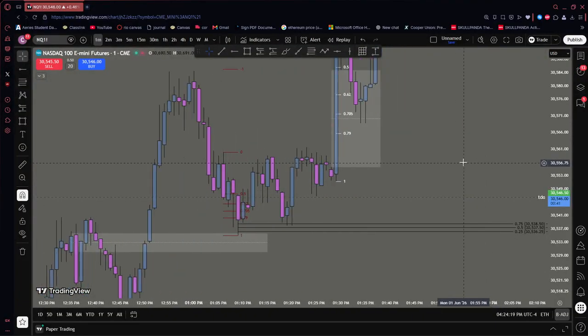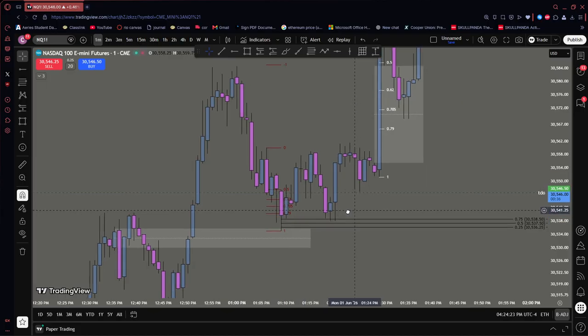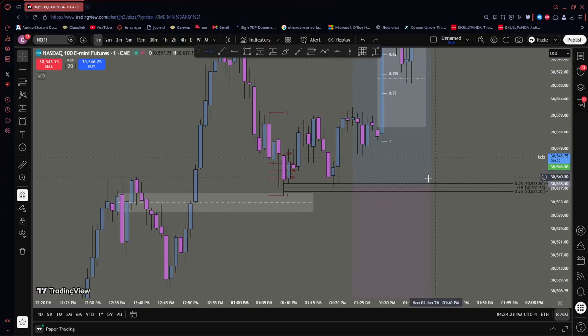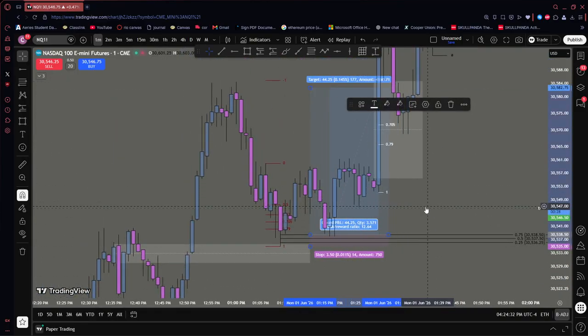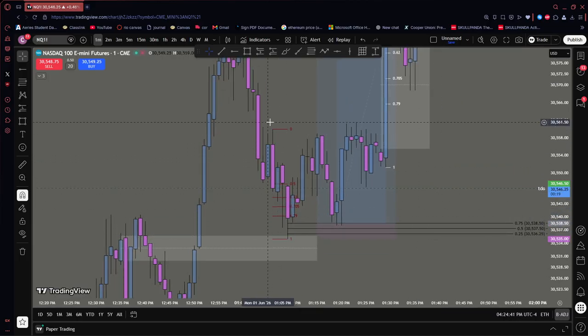Another thing that I should have added, other than this rejection block right here for this long, why did I delete it? Long at the quadrant, stop at the low, 3-point stop. Other than that, the confluences other than just the rejection block: this is a leg, right?